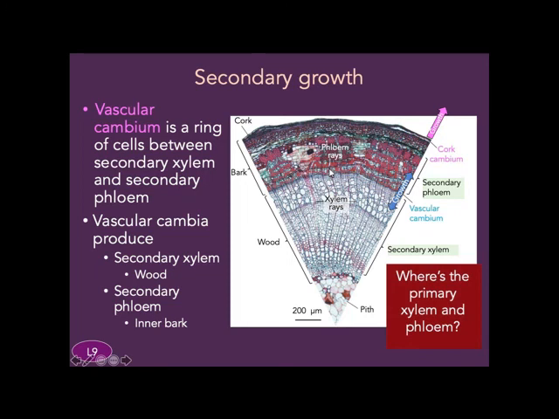All right, so the vascular cambium produces secondary xylem, which is wood, basically, and secondary phloem, which becomes the inner part of the bark. So where's the primary xylem and phloem? Oh, it's in the middle. Yeah, it's way in the middle, right? It's in the very inside part.